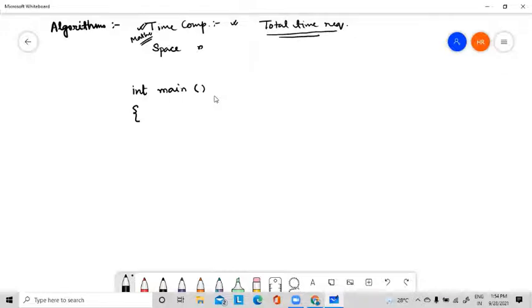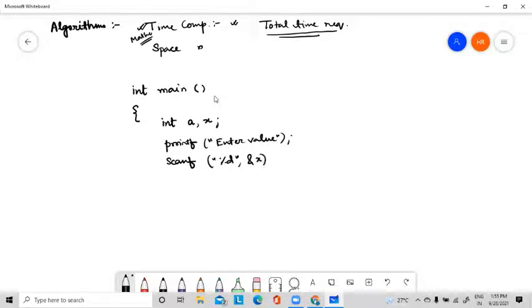program. Now suppose I have declared some variables here, say a and x. Then I have written a printf statement, say enter value. Then I have used one scanf statement to take input from the user, say x.